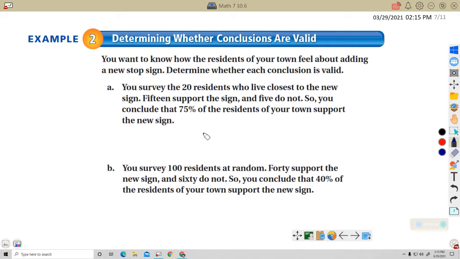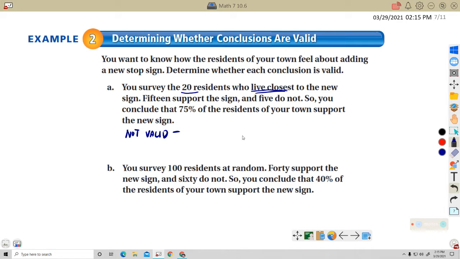What are you thinking? It is not. By choosing your sample to be the 20 residents who live closest to the new sign, they're more affected by the sign.